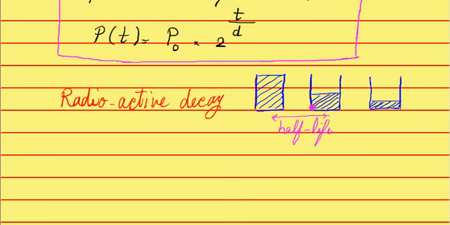Half-life is the length of time it takes for something to become half of what it was. The nice thing about half-life is that it's a constant. If you wait another half-life, whatever there was is going to be cut by a factor of 2 one more time. To explain this, let's take an example.